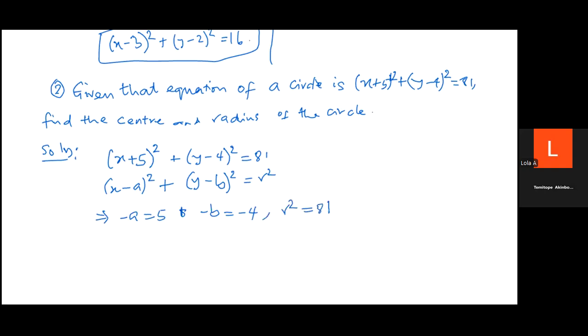So from here, −a = 5 becomes a = −5. −b = −4, the minus cancels out, so you have b = 4. Then r² = 81, which means r will be the square root of 81, and that is 9.